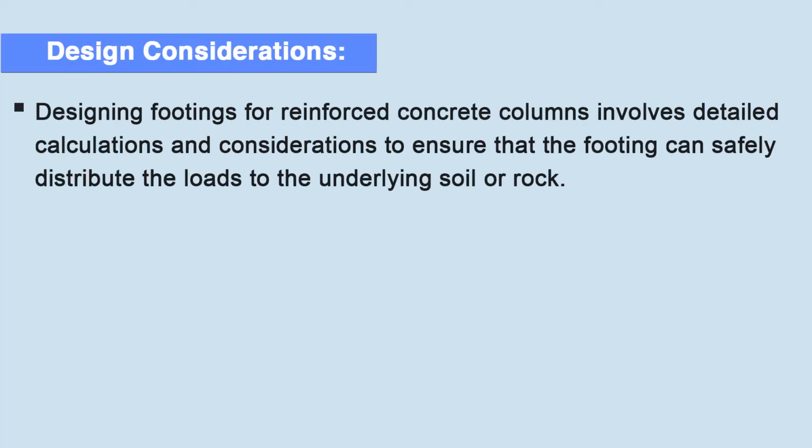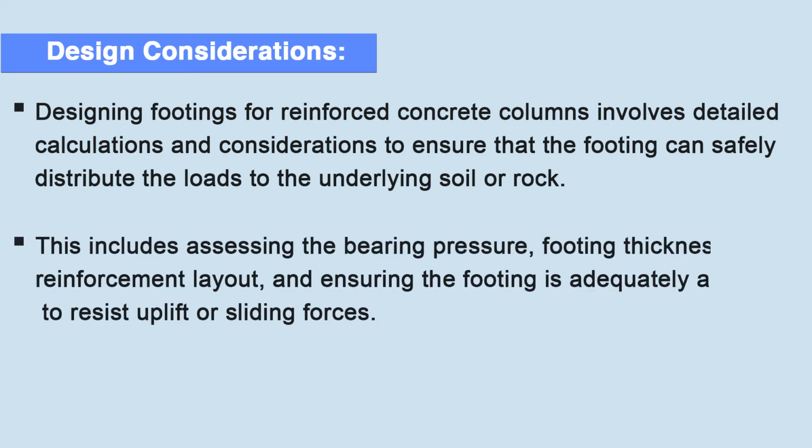Design considerations. Designing footings for reinforced concrete columns involves detailed calculations and considerations to ensure that the footing can safely distribute the loads to the underlying soil or rock. This includes assessing the bearing capacities, footing thickness, reinforcement layout, and ensuring that the footing is adequately anchored to resist uplift or sliding forces.